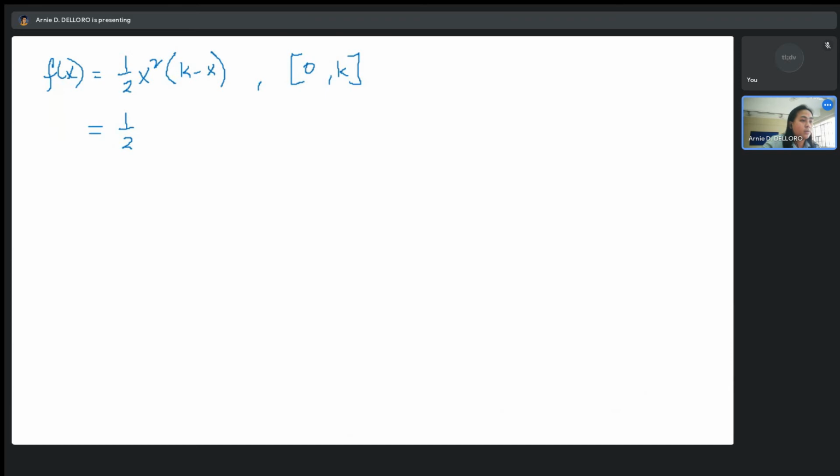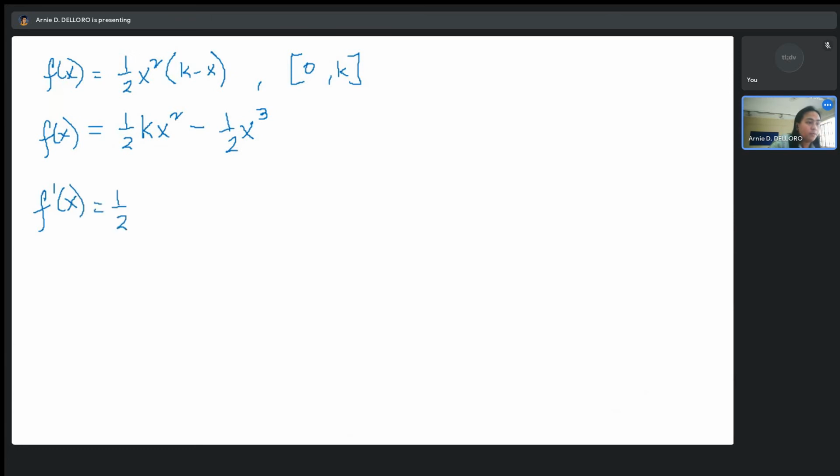I-insert ko na yung k. 1/2 k x squared minus 1/2 x cubed. Okay? So ito na yung ating simplified function.